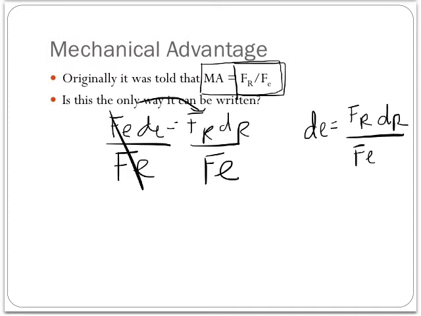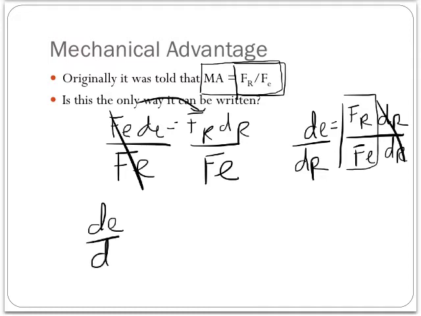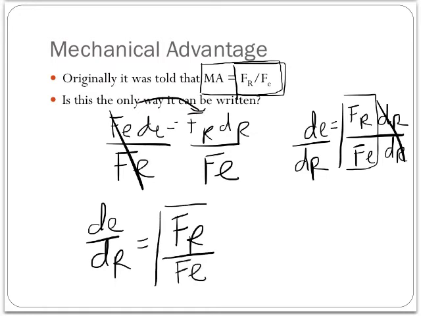So we're almost there. You can see mechanical advantage, but we still need to move the DR. So we're going to divide by DR on both sides so that those cancel out. And then you're left with DE over DR equals FR over FE. We know that FR over FE is mechanical advantage.